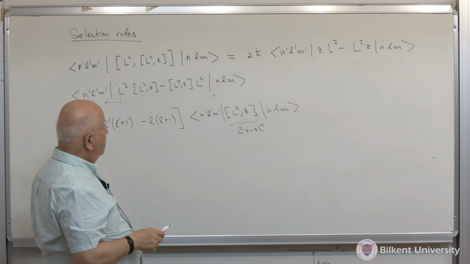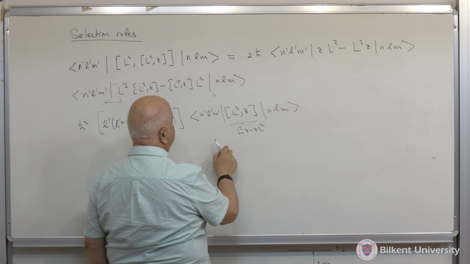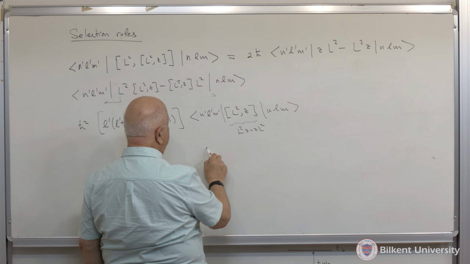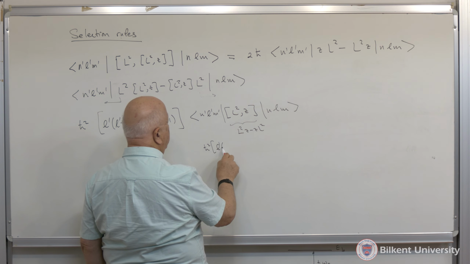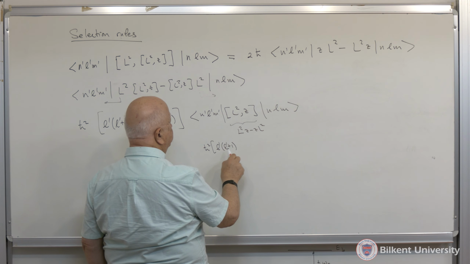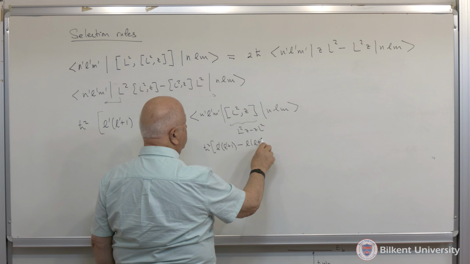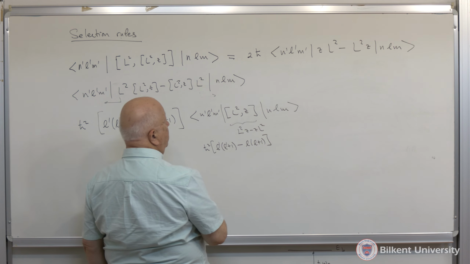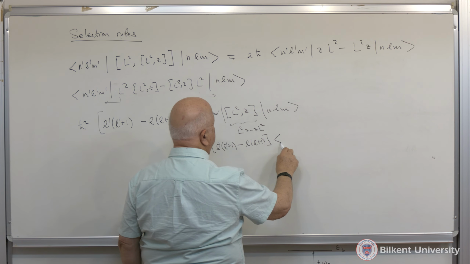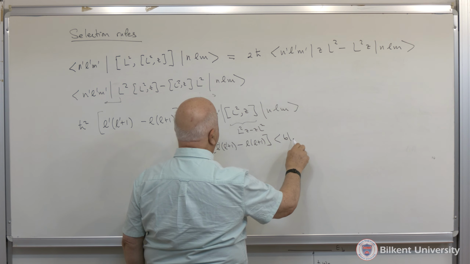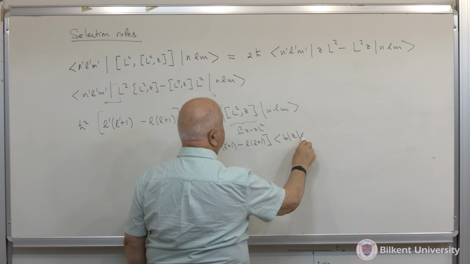So this is going to give me another factor of h bar squared, l prime plus 1 minus l plus 1, multiplied by this, n' l' m' Z n l m.